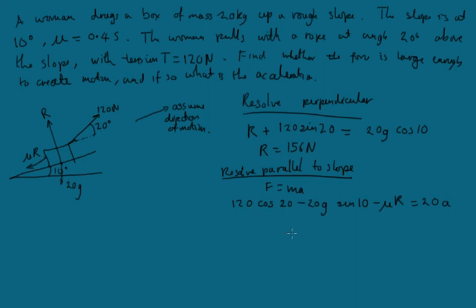And if we put everything that we know in, we'll find A is equal to 0.393 meters per second squared.